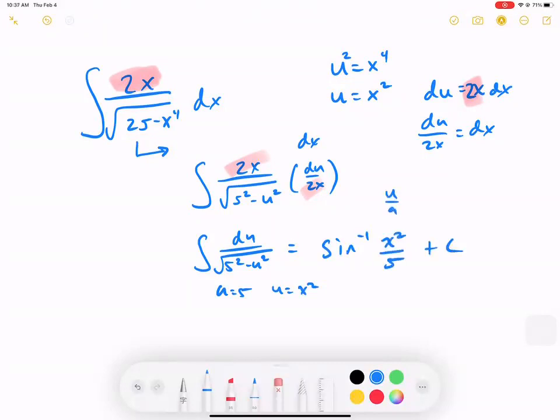If you wanted to include the extra step, you could write sine inverse of u over 5, then plug it in. Okay, so this one doesn't look terribly bad.